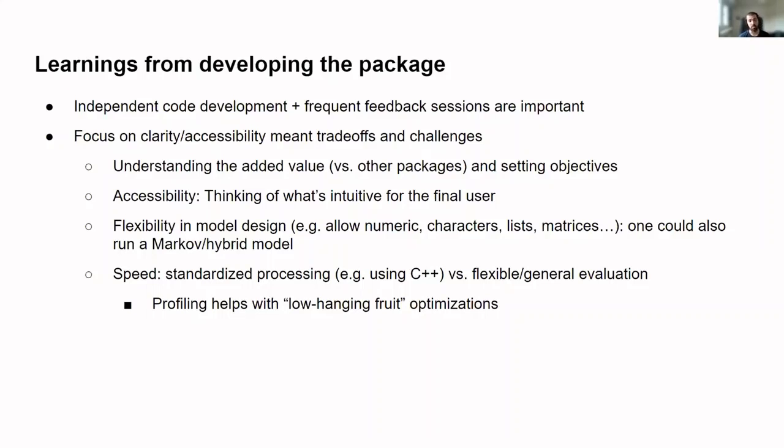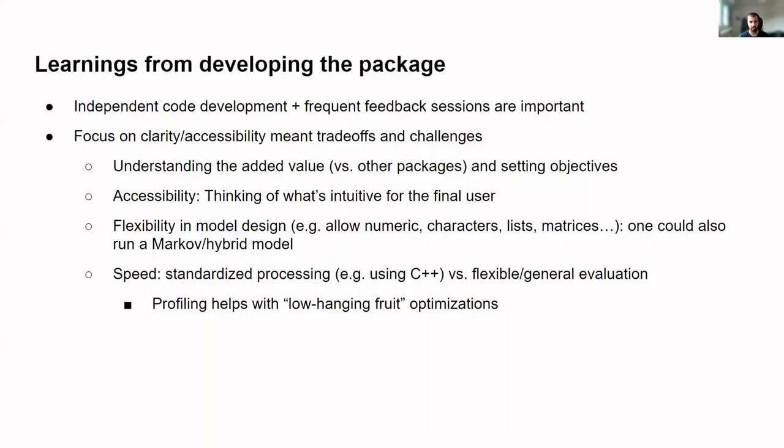Because we wanted to focus on this clarity, we had to understand what is the added value of our package versus the others. And that was accessibility. That means that when someone has to validate that code, it is easy to read. That means that when someone has to write that code, it is also intuitive to understand what you're doing.